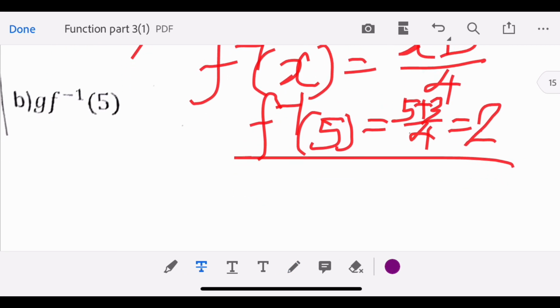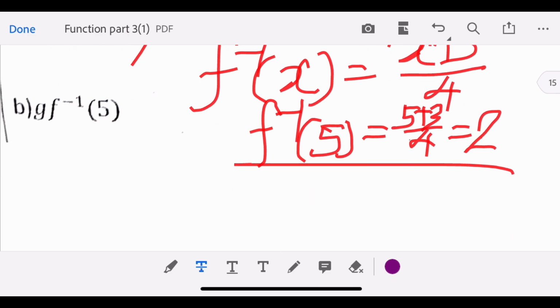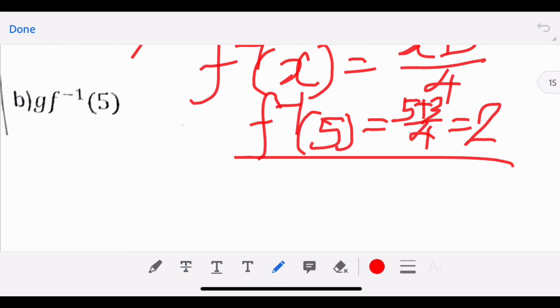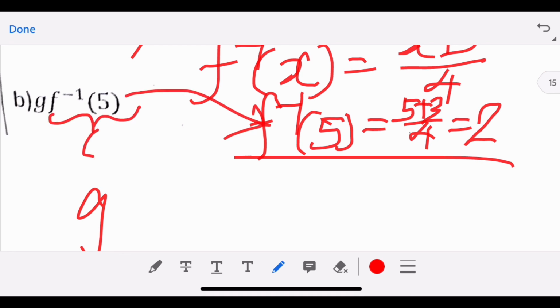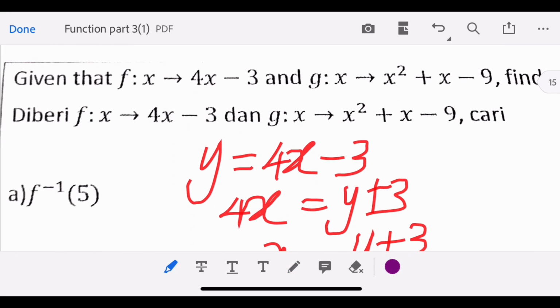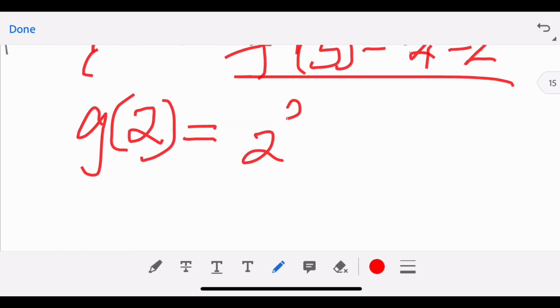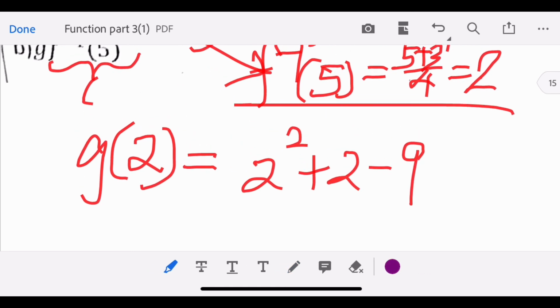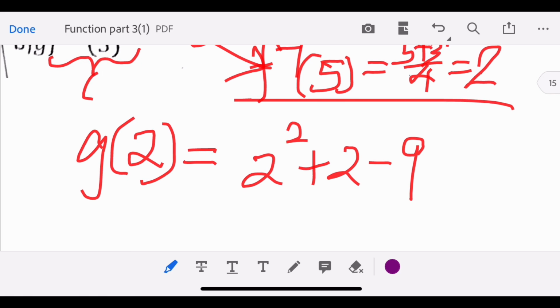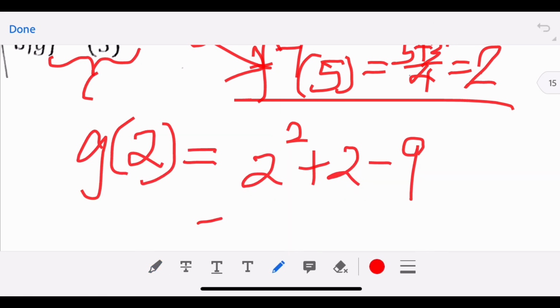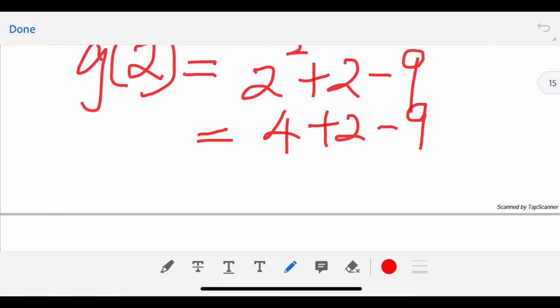Then we are asked to find g f inverse 5. So it means that this one is 2, right? So we just substitute the 2 into function g. 2 square x square plus x minus 9, right? So we will get the answer, let me check, is 4 plus 2 minus 9, actually 6 minus 9, right?